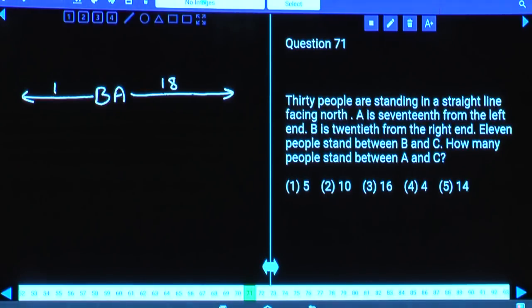There must be 15. Hence in total 18 plus 15, 33, plus 2, 35 members are there. But we need to have only 30 persons. Hence there must be some gap between these two. How many persons should be there between these two? Yes, tell me what answer you are getting in this case.